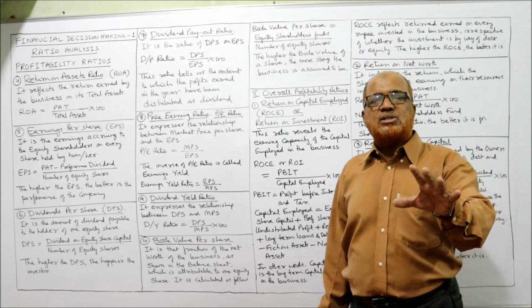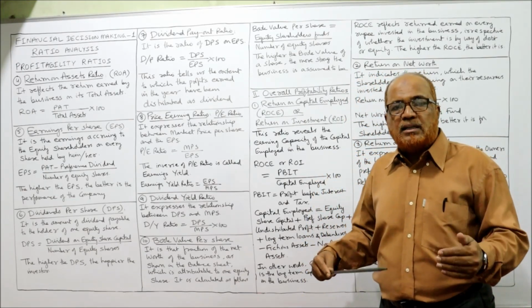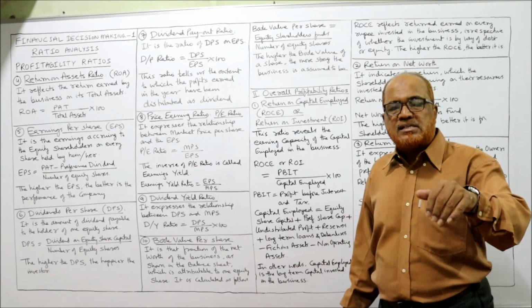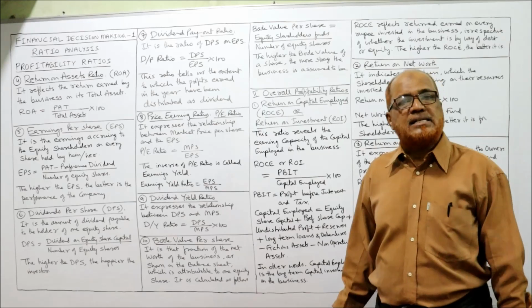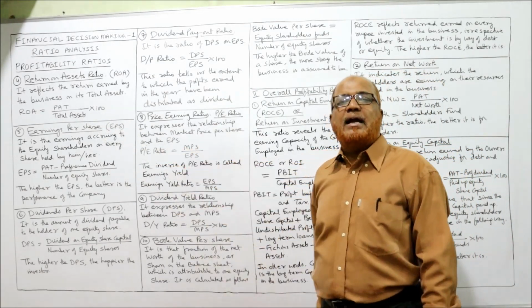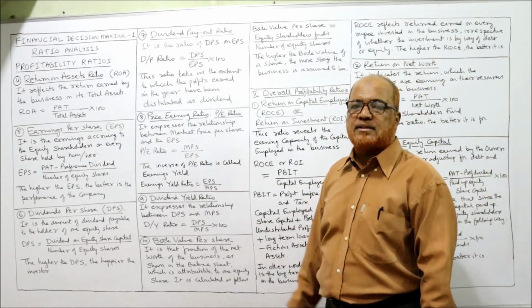The assets consist of current assets and fixed assets. So what is the percentage of profit the business is getting on the total assets? The formula for return on assets is PAT, profit after tax, divided by total assets into 100.